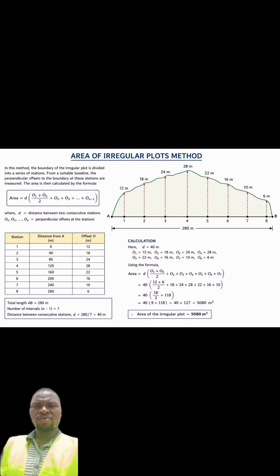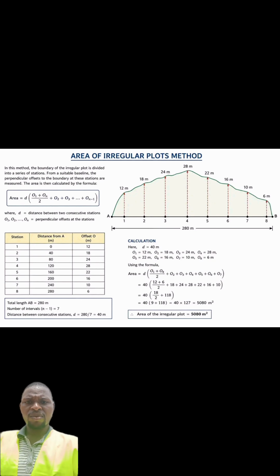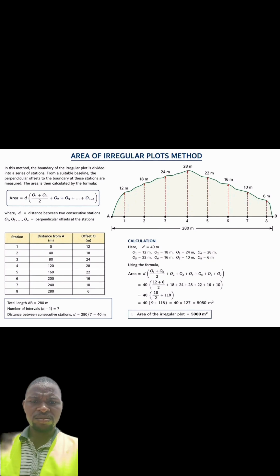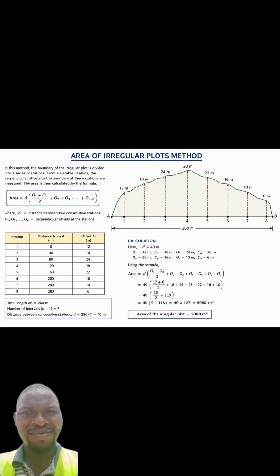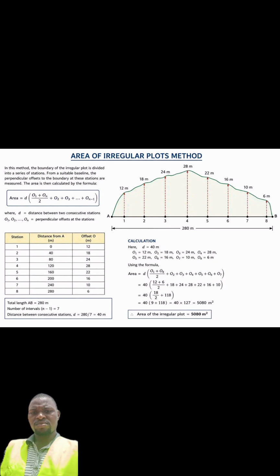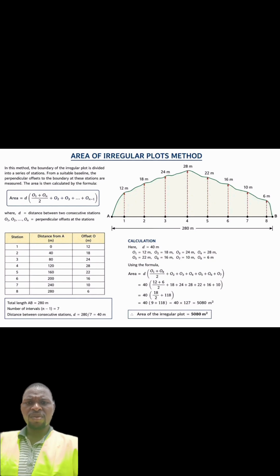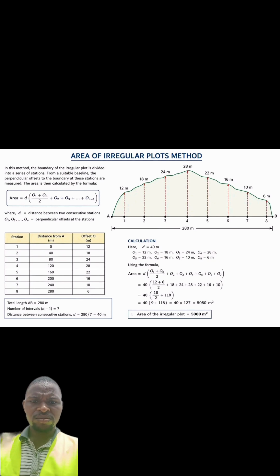So we have 40 into (12 plus 6 over 2, plus O2 which is 18, plus O3 which is 24, plus O4 which is 28, plus O5 which is 22, plus O6 which is 16, plus O7 which is 10). Summed together, we have 40 into (18 over 2 plus 118).